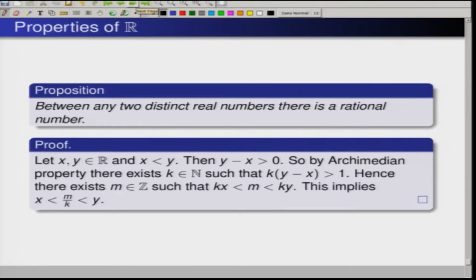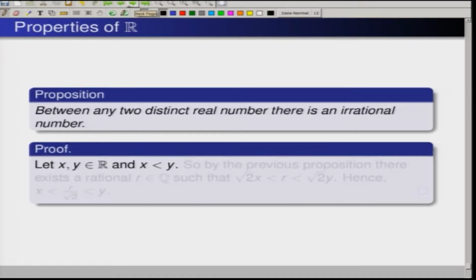Therefore kx and ky are more than one distance apart, so there is an integer m between them. This implies x is less than m by k is less than y. This m by k is a rational number. So between any two real numbers there is a rational number.